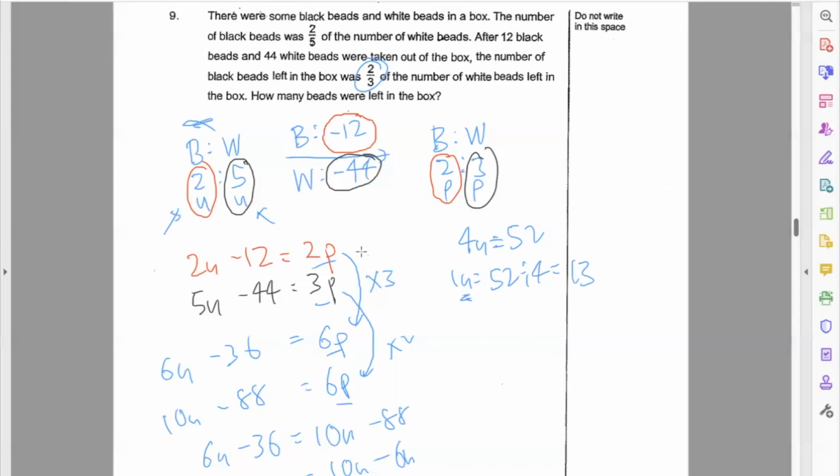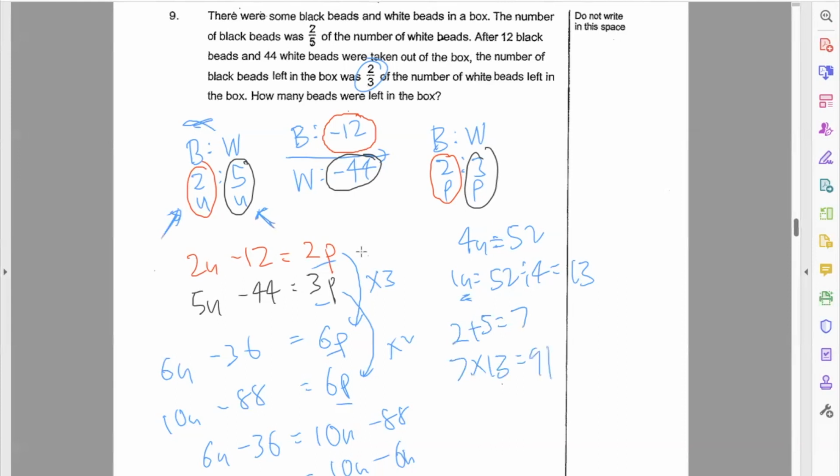Okay, so the question is, how many bits were left in the box? So you're talking about both black and white. So at first, there is 7 units of black and white bits over here. 7 units of black and white will be equal to 7 times 13. 7 times 13, let's see. 7 times 13 is 91.